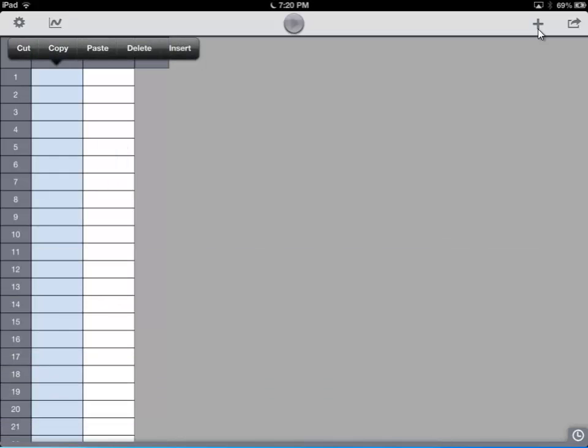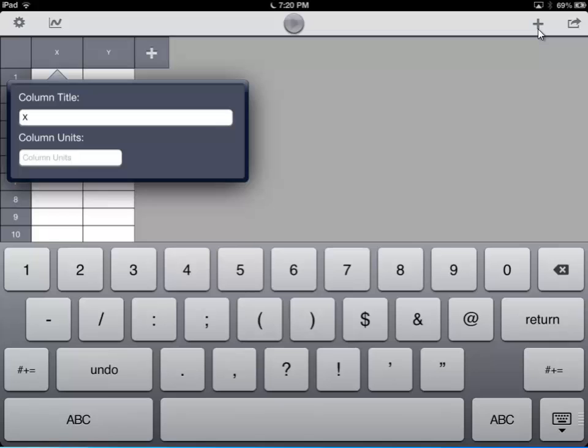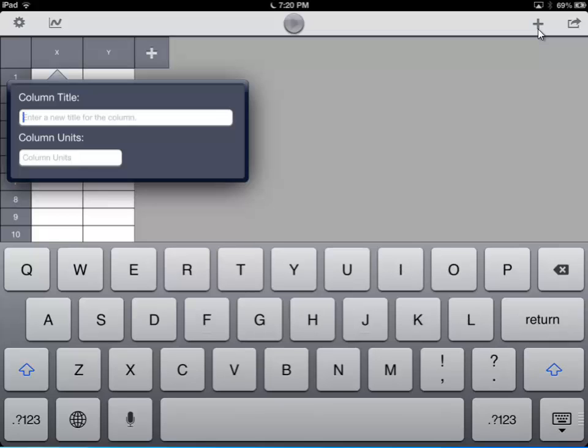If you push and hold X, it lets you give a column title, so angular acceleration, and this will be for part 1. So I'm going to write angular acceleration 1, and the units are radians per second per second. It doesn't really matter if you get that in exactly right.